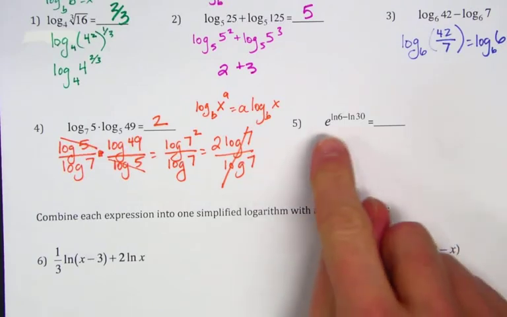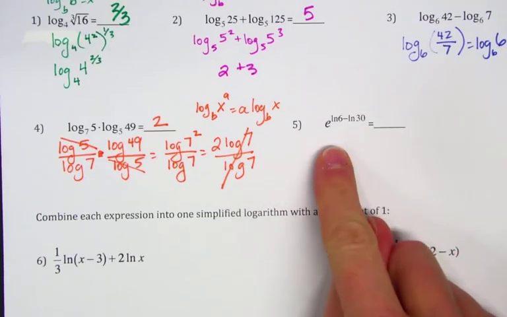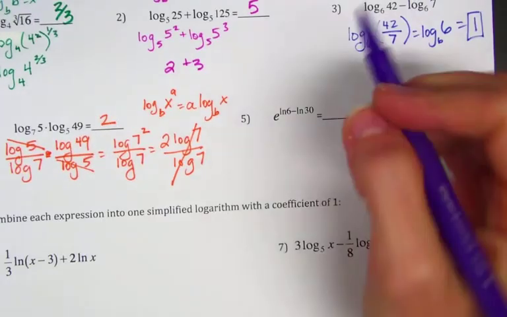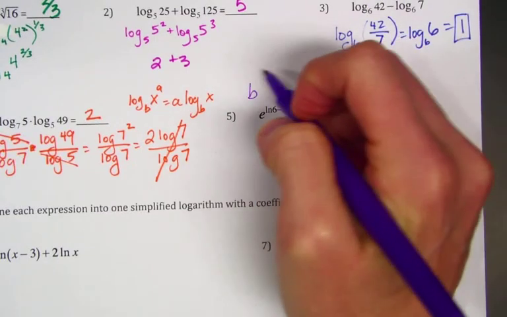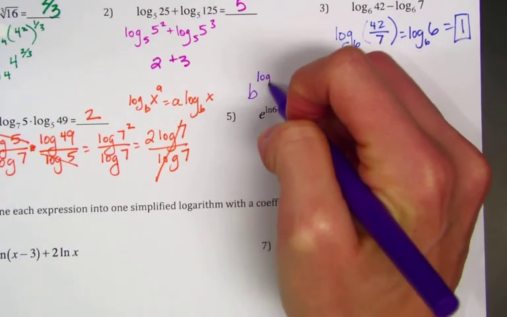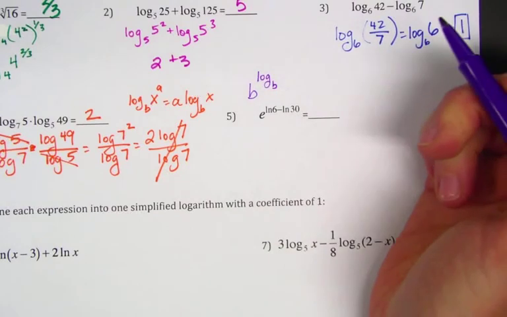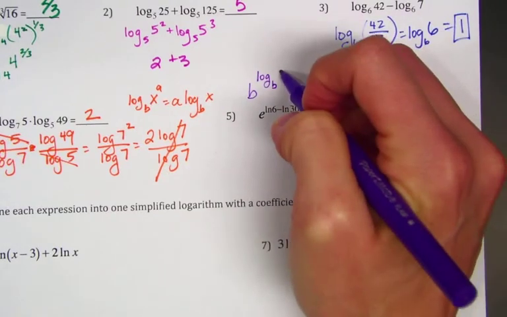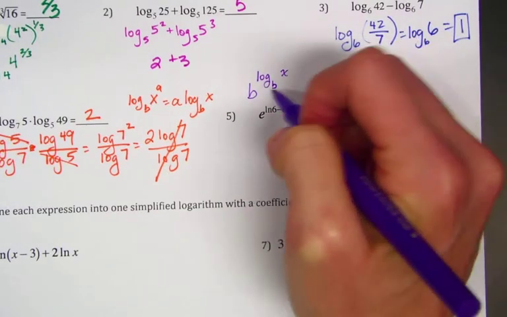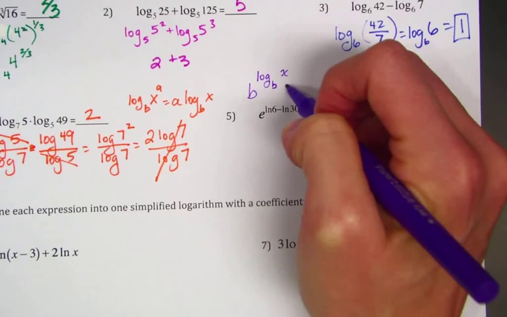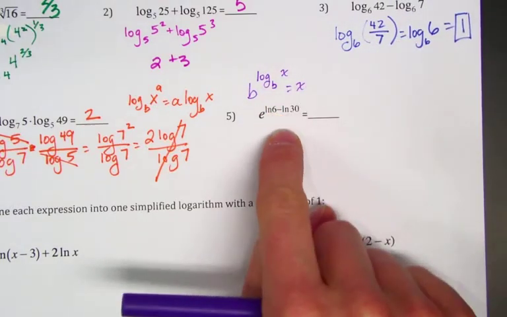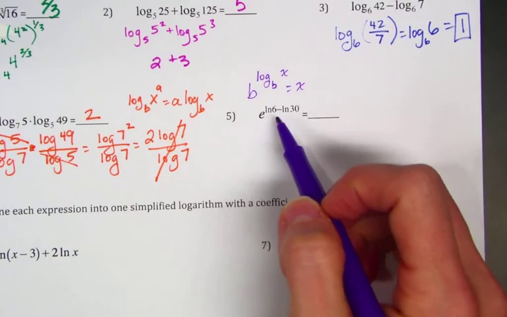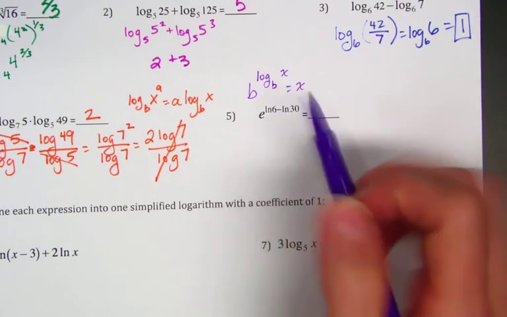For the next problem, we do have a property that says if you have a base to a log with the same base of some number, then that is going to equal whatever that number is, x. So we're going to be using this property. Over here, we have e raised to this combination of numbers.